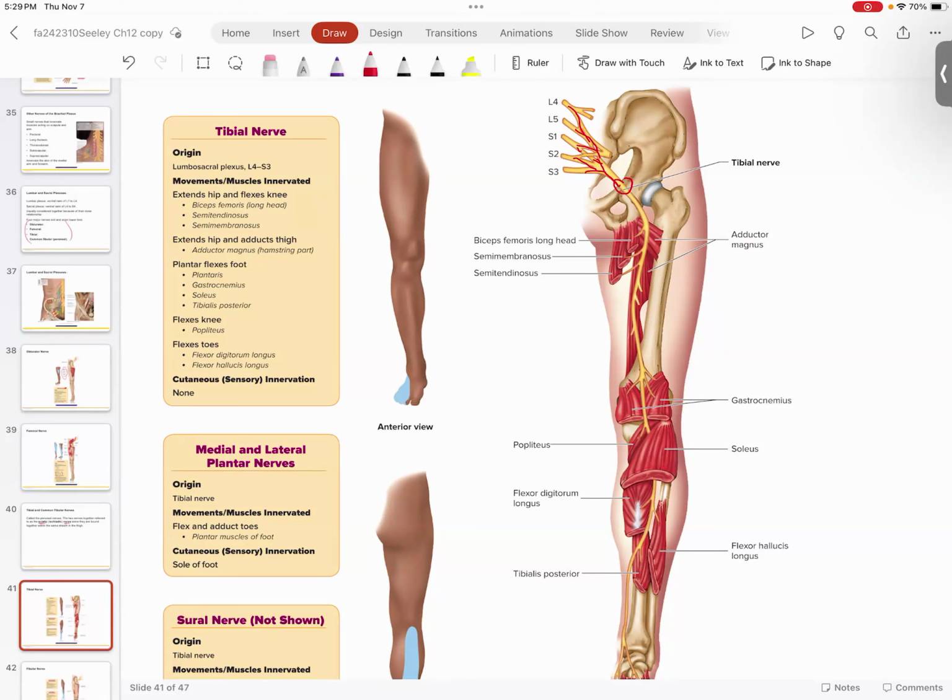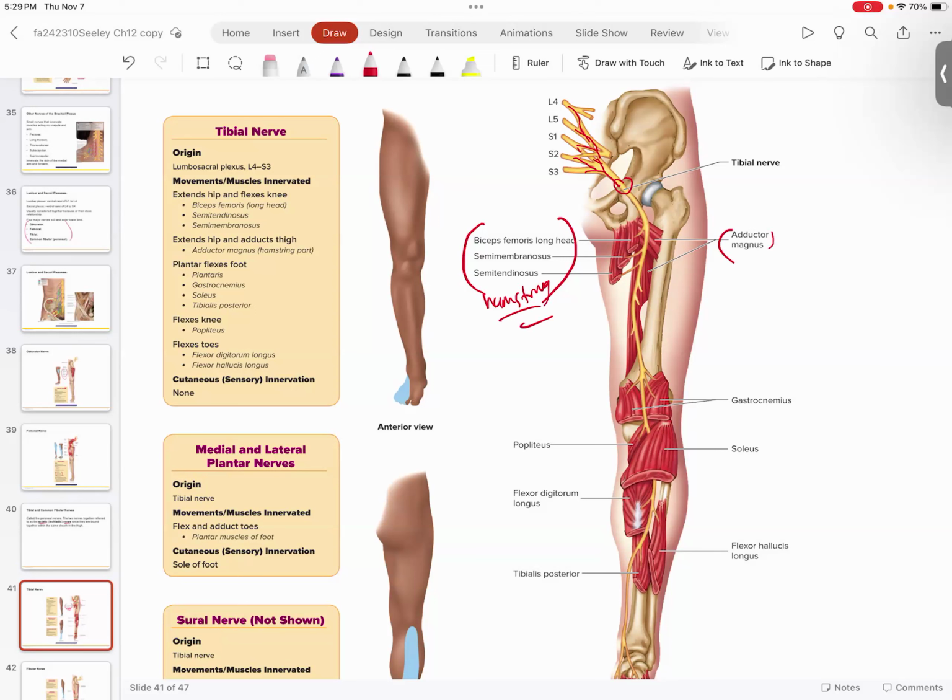attaching to the back side of the leg. So all your flexors, right? Your hamstring group is going to be innervated by this nerve, as well as your adductor magnus. Your adductor magnus is going to have two innervations, the obturator and the tibial nerve.